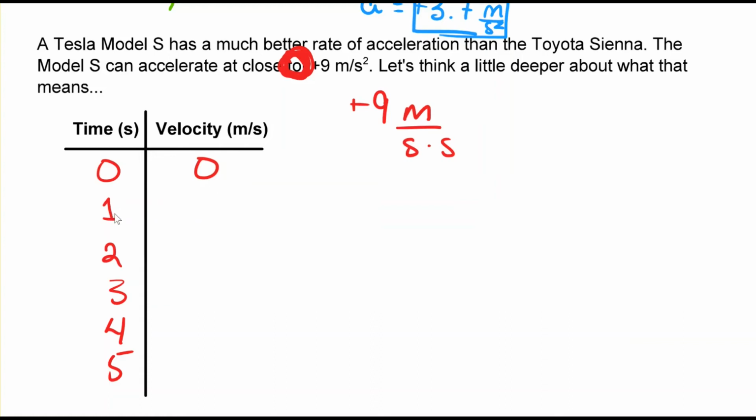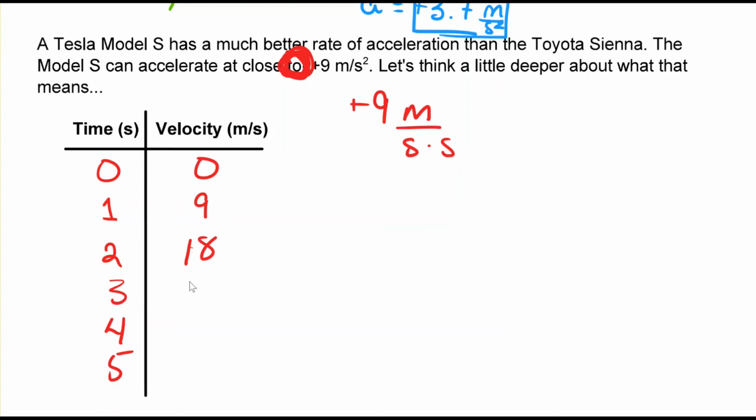Now, after 1 second, what will our speed be? Well, if we increase 9 meters per second every second, we'll be going 9 meters per second. One second later, we'll have added another 9 meters per second, so we'll be going 18 meters per second.